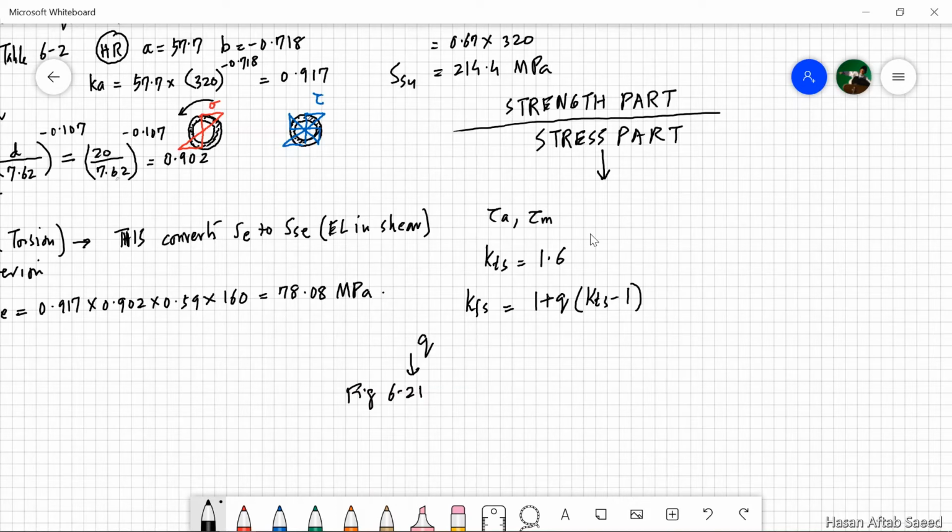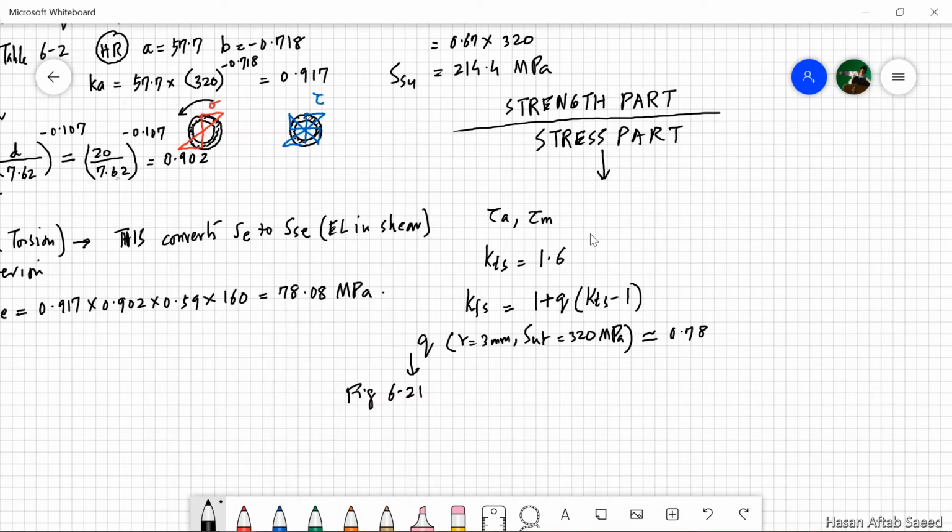This is a shear stress situation, so you'll be using figure 6.21, and we'll be reading this Q value against r equal to 3. This is the fillet radius given, and SUT, because it's a function of material also, 320 MPa. Against these values, we'll be interpolating. We'll be reading between two curves, and it turns out to be 0.78.